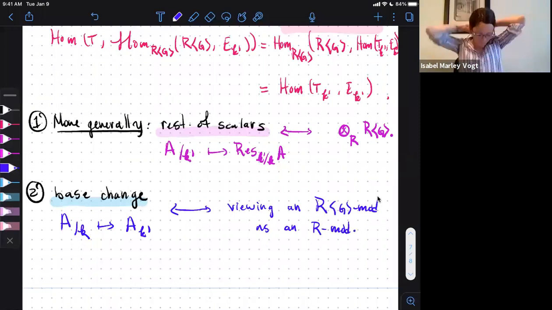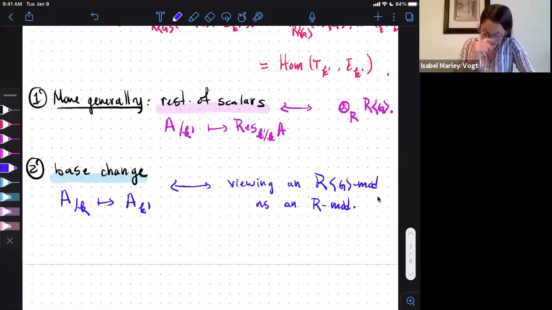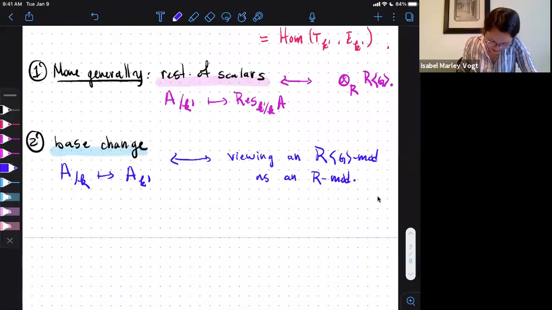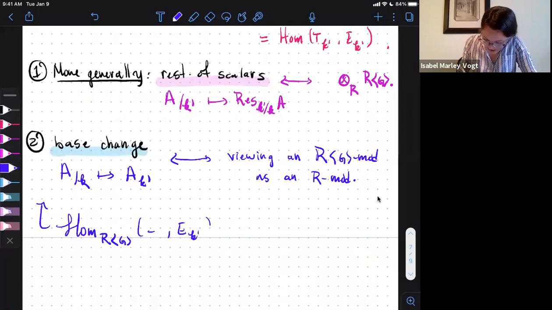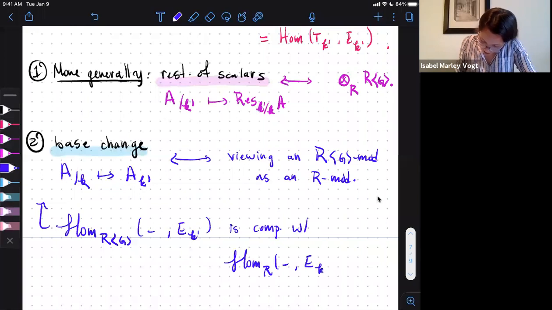So this second point here is actually very nice, is that this fancy Hom of R⟨G⟩ into E_K' is compatible with the previous functor that I had. So sorry, fancy Hom of R into E_K'.